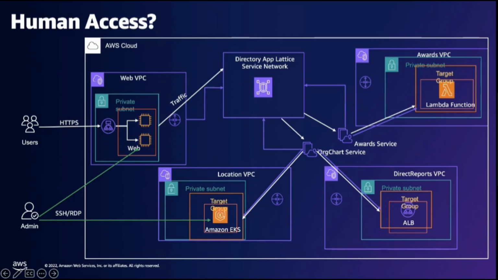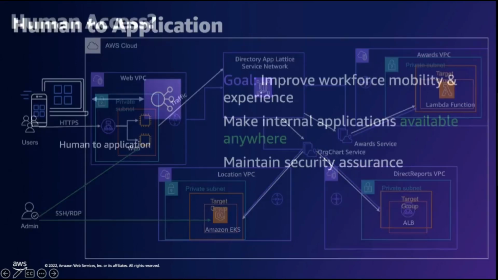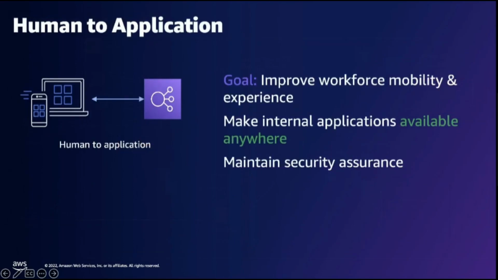Let's think about how humans are going to be interacting with the application, and how zero trust comes into play for a use case like that. We're looking at the human-to-application use case, and the goal is to improve mobility and user experience. We want to make sure the application is available anywhere while we maintain our high security standards.